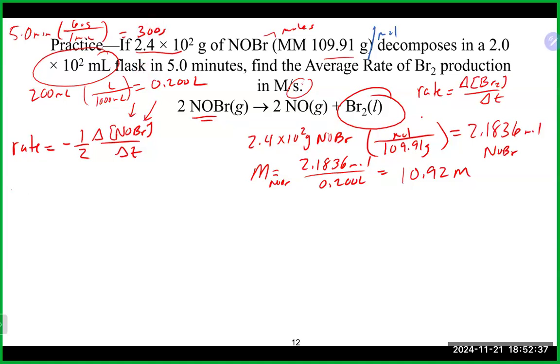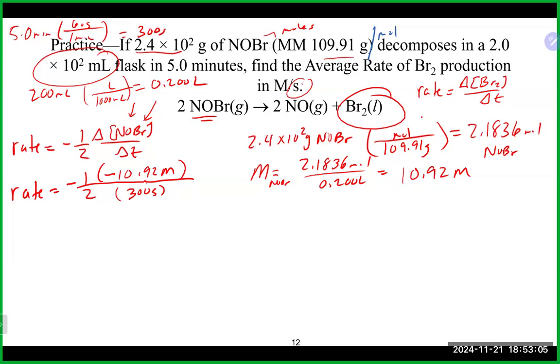So we have everything we need now to go into this rate expression, -1/2. We are going to do negative 10.92 molar. The reason we're doing negative in that case is it should be a reactant, which means it should be decreasing with time, which means if you technically did final minus initial, you would end up with a negative number.